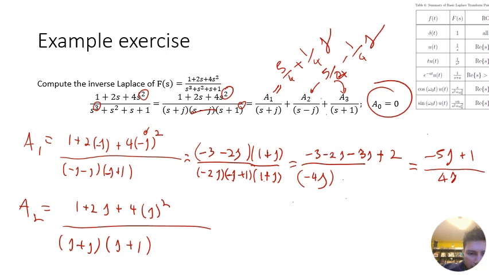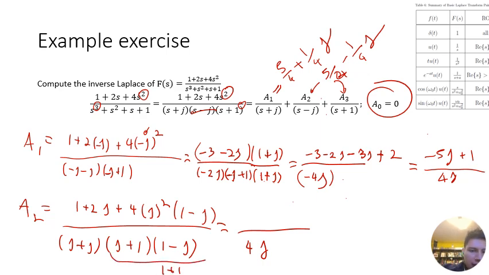And I remember that we're going to have to multiply this by a conjugate to get rid of the complex in the denominator, so 1 minus j, and then 1 minus j. This again gives us the negative 3 that we had before. And this becomes 4j in the numerator. So remember that this is just 1 plus 1, and then this is just 2j. So it's already 4j.